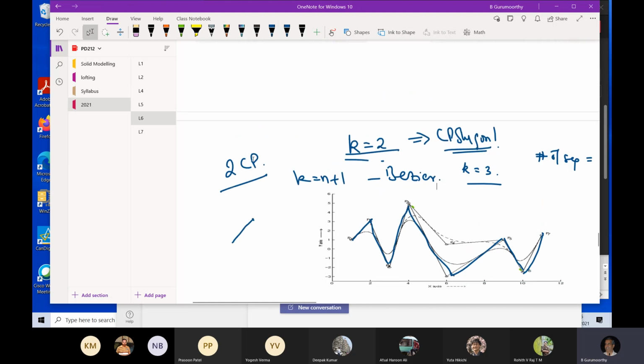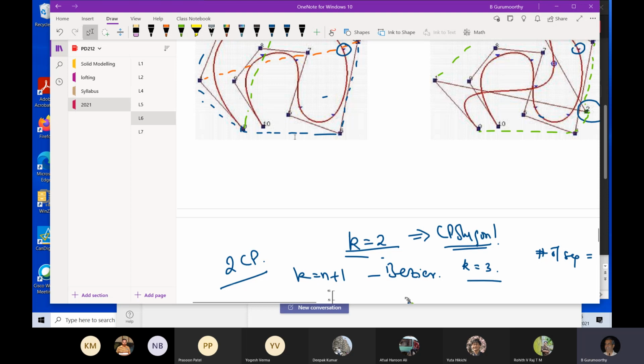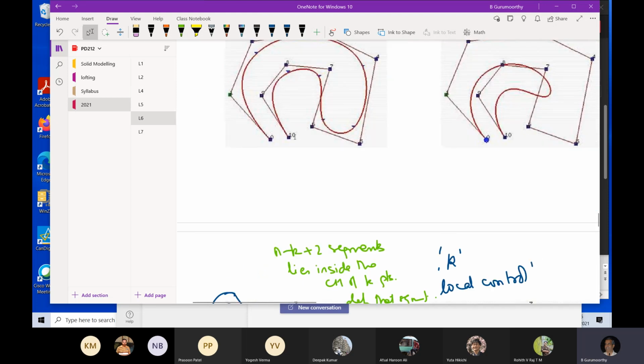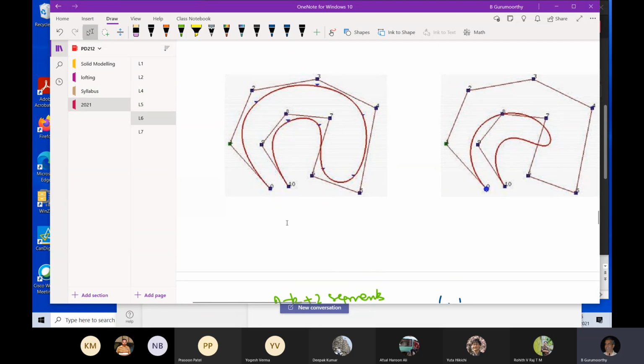I think this curve is that example only. Only thing is it is a little too close to 8. I don't like that. But you can see here that this has got so many segments, 1, 2, 3, 4, 5, 6, 7, 8 segments here. Whereas here, there is only one segment between all of these 8 points. And so that's the variation. For the lowest order, where K is equal to 2, degree 1, I would have started with the control polygon.